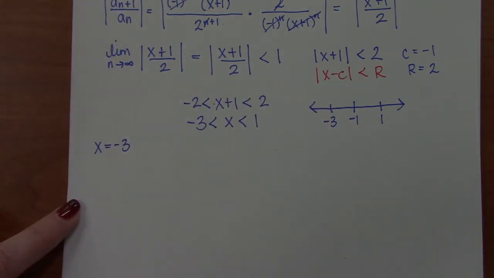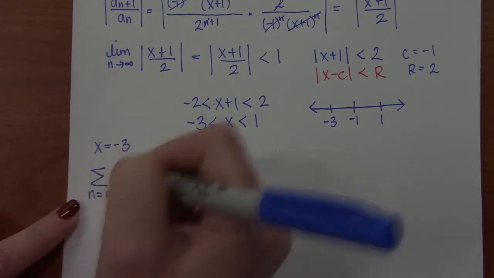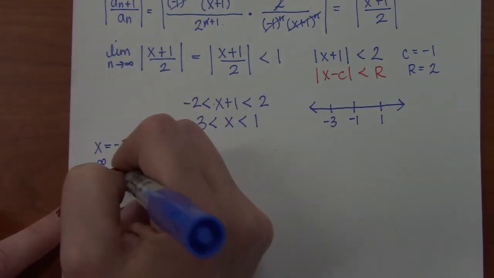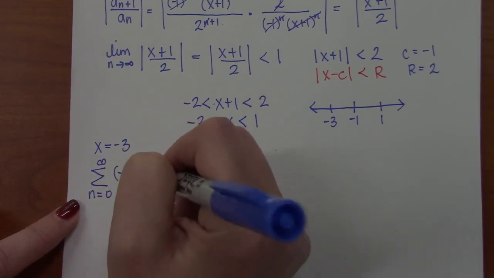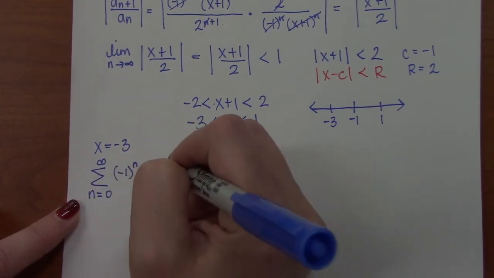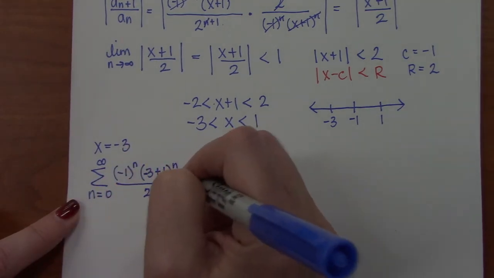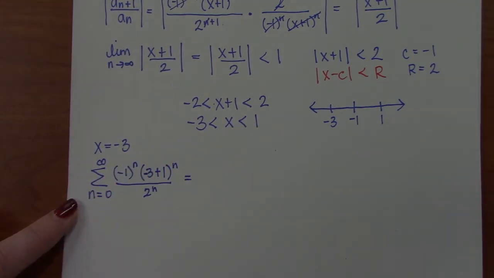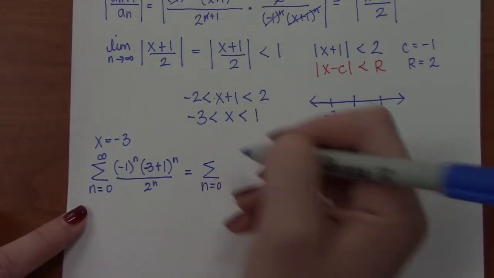So if x is -3, I go back to the original series and I plug in -3 for x. Oops, -3. So let's leave the -1 alone.